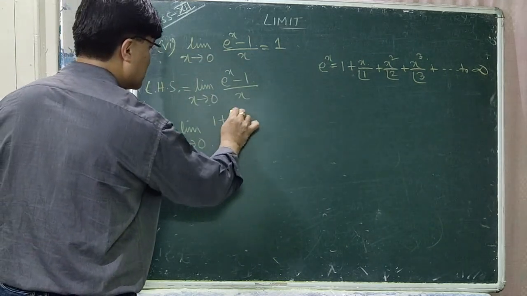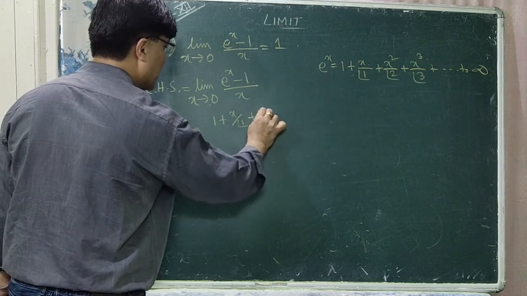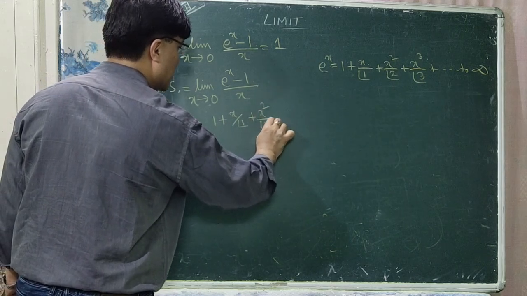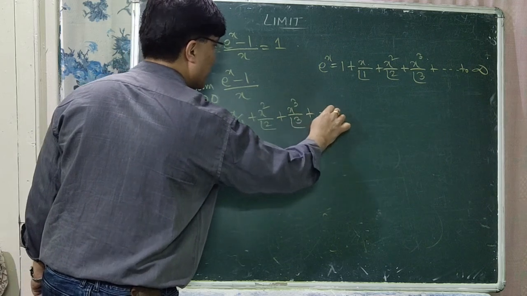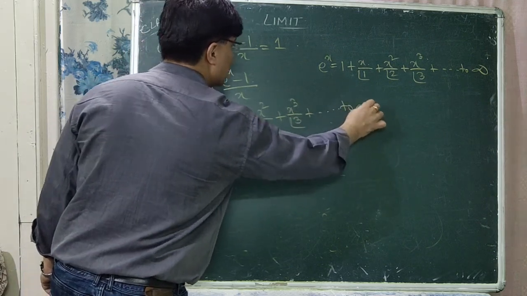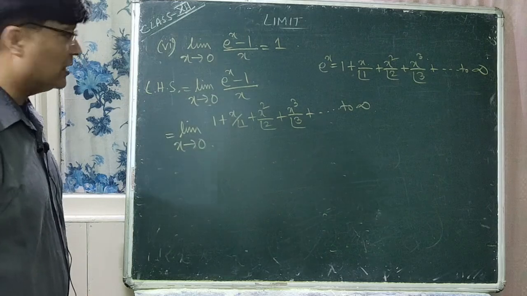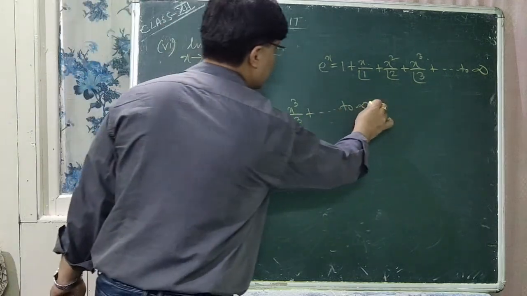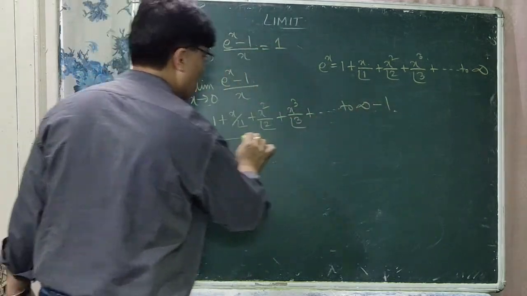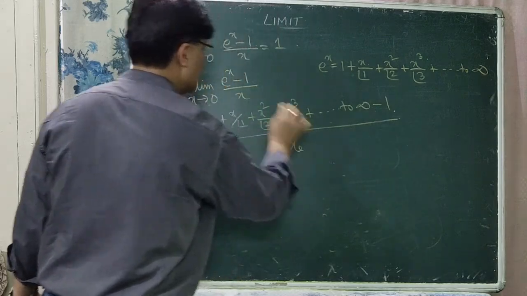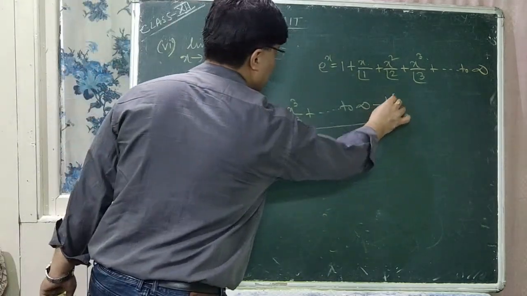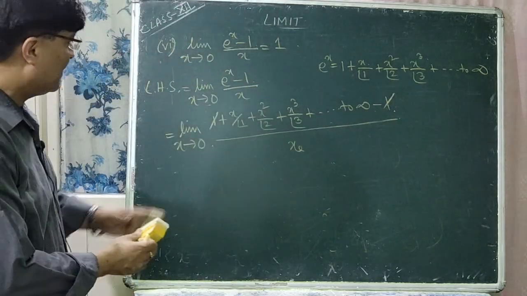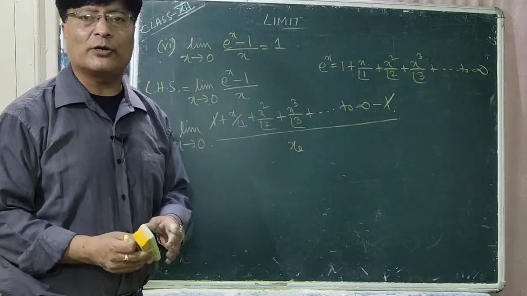So 1 plus x upon factorial 1 plus x square upon factorial 2 plus x cube by factorial 3 plus dot dot dot, it goes up to infinity. Okay, then minus 1 is there, so write down minus 1 whole divided by x. Okay, so here this plus 1 minus 1 gets cancelled.